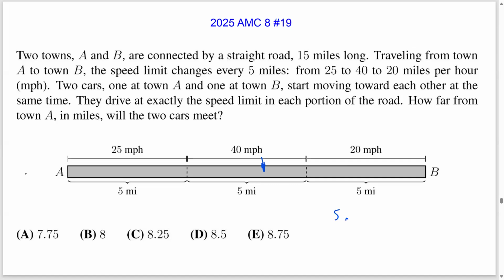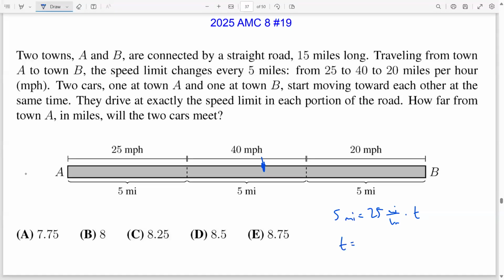So 5 miles is equal to 25 miles per hour times the amount of time it takes to travel that third. And so we see that t is going to be 1/5 of an hour, which is equal to 12 minutes. So it's going to take 12 minutes to travel the first third of the distance.